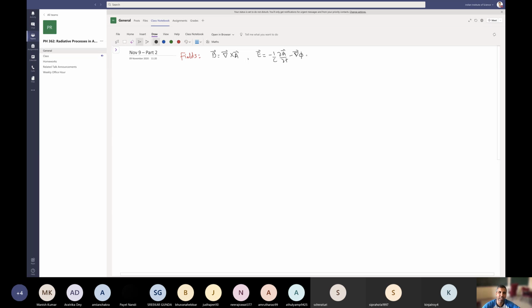So once you know phi and A, you get E and B. Okay, but the calculation is actually very, very tedious. You have to be extremely careful when doing these curls and gradients, because of this retardation time, the implicit dependence between r and t prime.